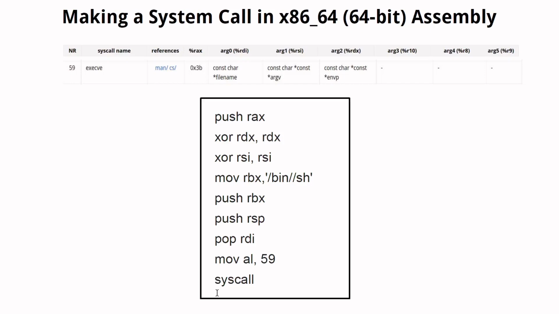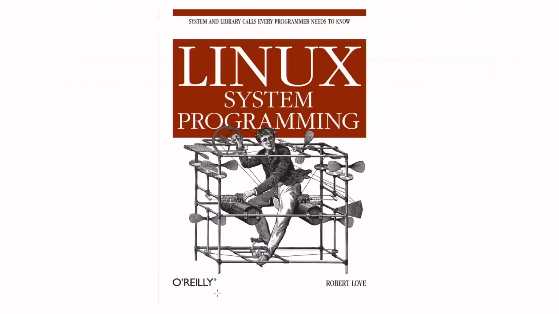But for now, I just want to give you a high-level feeling of what it looks like at the assembly level to make a system call. If you want to learn more about Linux programming, I recommend this book, Linux System Programming.